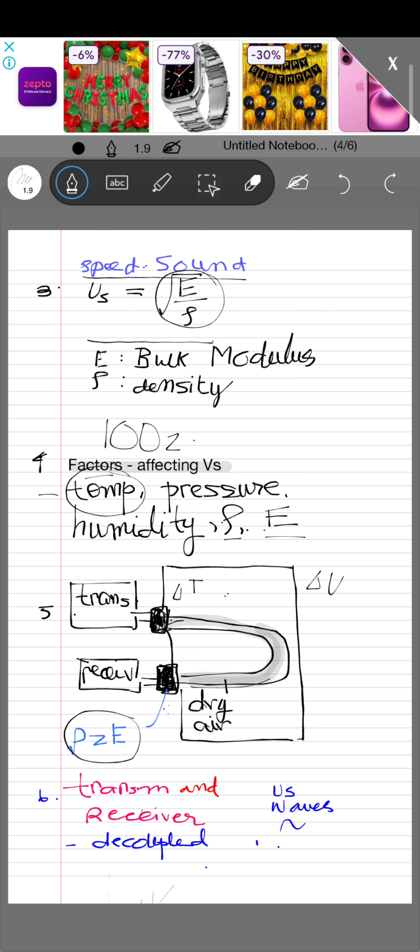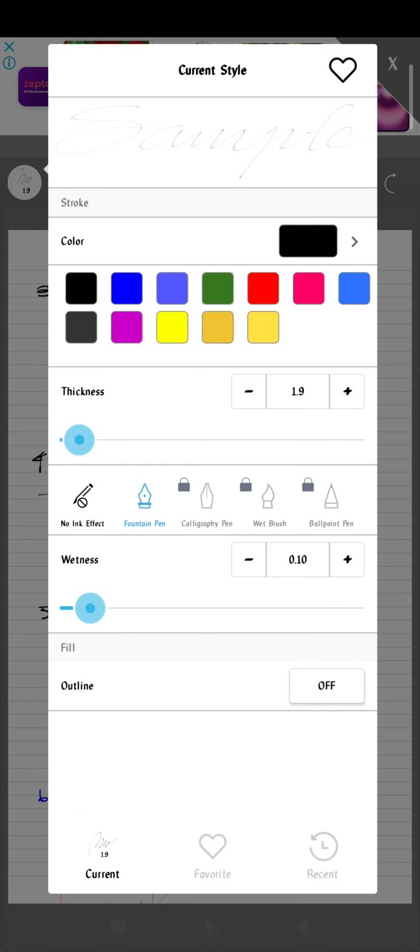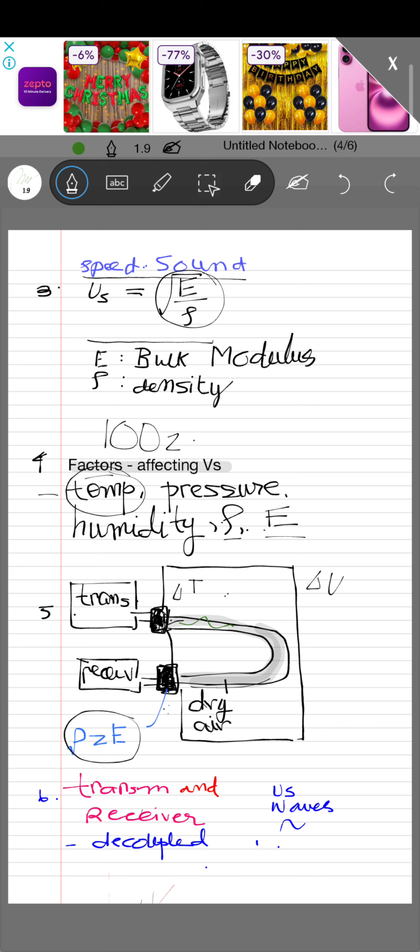So the ultrasonic waves are transmitted through the transmitter, and a change of temperature may cause a change in the velocity of the ultrasonic waves, which will affect the piezoelectric frequency, and it will be received as a change in signal. So it will sense if there has been a change in temperature in the system.